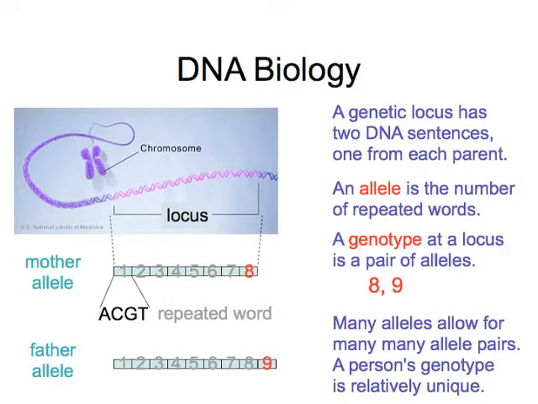So there are a lot of possible values. And that gives a distinguishing feature at that locus. And if you have 10 of these distinguishing features, then each person's genotype is relatively unique compared to everybody else in the population. And that's the basis of DNA identification.